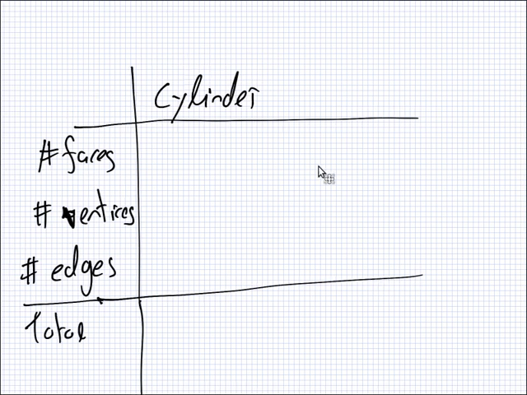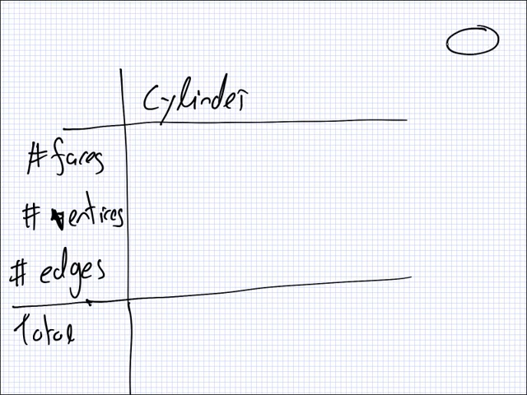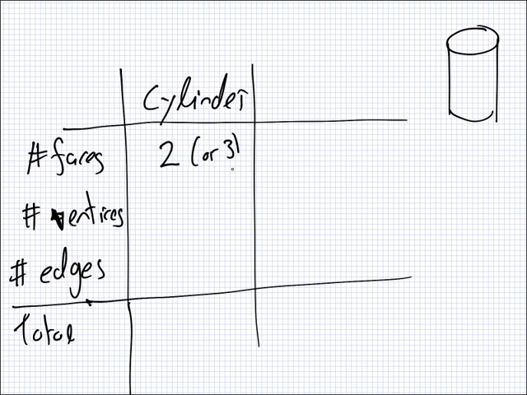Okay. So let's look at the first one together. A cylinder. How many faces? 2, or maybe 3. It's not so clear. Let's say 2, but maybe 3. We'll see.